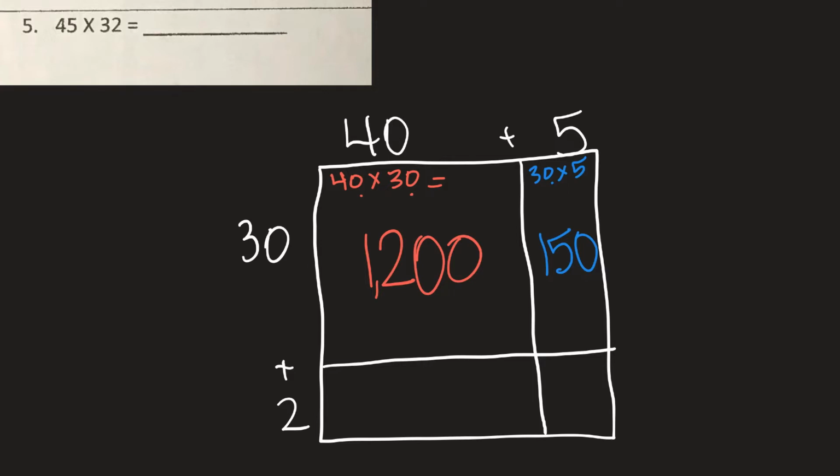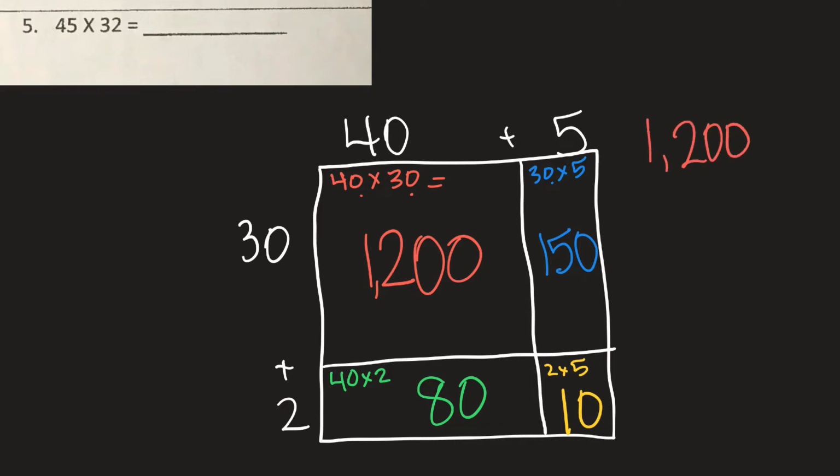Then we move down to the bottom and do 40 times 2, and we know that's 80. And then over here in the small box, we do 2 times 5, and we know that's 10. So then we're going to add up our 1,200, our 150, our 80, and our 10.